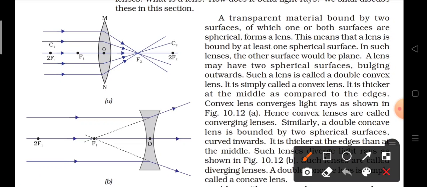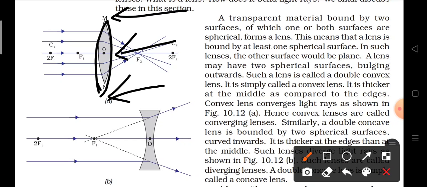So we have studied that a convex lens is thicker from the middle and thinner from the edges. Such a lens is called a double convex lens or simply a convex lens. Convex lens converges the light rays as shown in figure 10.12a.